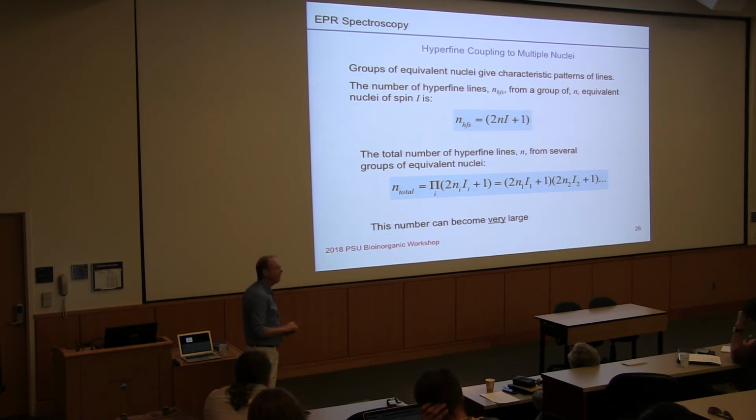And then if I've got several groups of nuclei, so a couple of methyl groups and some nitrogens in my molecule, then the number of lines is the product of 2nI plus 1 for each nucleus or group of nuclei, right? And so I would have 2n1 I1 plus 1 times 2n2 I2 plus 1 and so on. And that number can become very large very quickly, right? So you can take a relatively simple organic radical and easily come up with 1,000 lines in the spectrum, right?